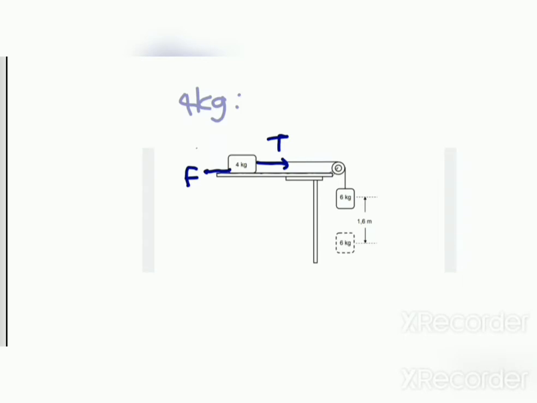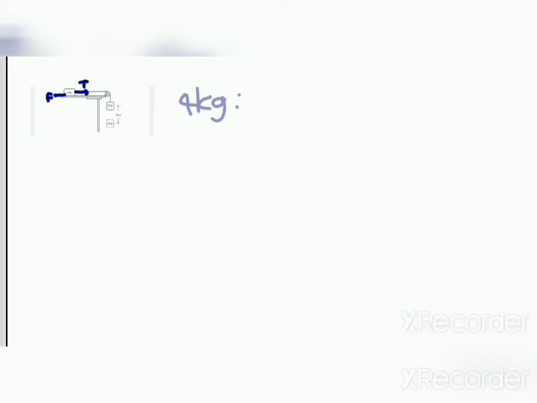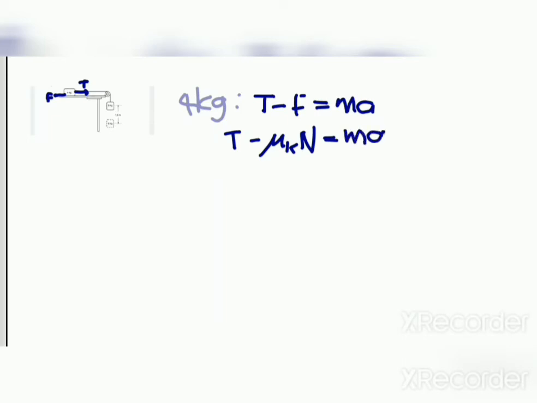So I'm just going to use small f for friction. So that will be T minus f is equal to mass times acceleration, our force equation. Now we aren't given the friction force itself, we are given the coefficient of friction. And we know that friction force is coefficient of friction times normal force.